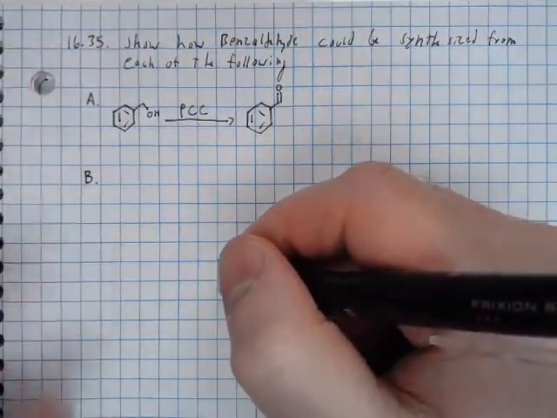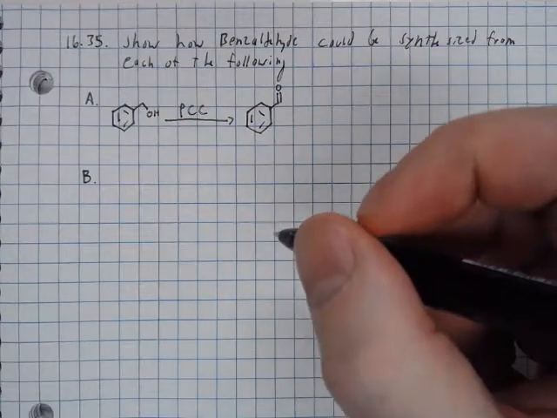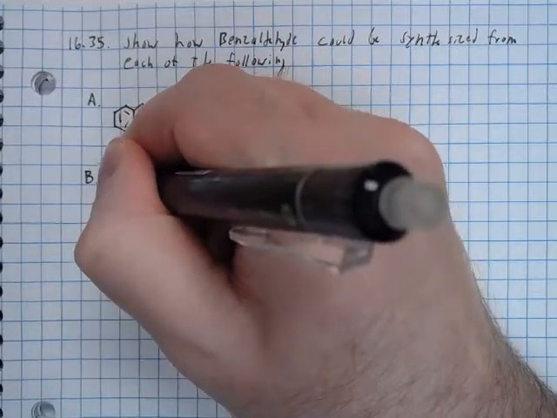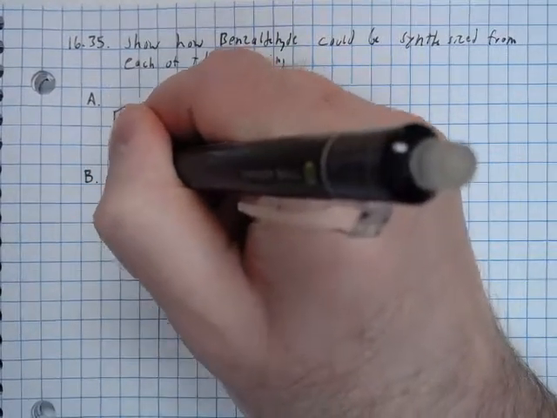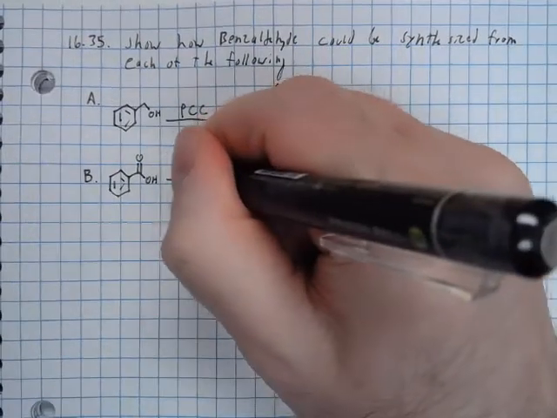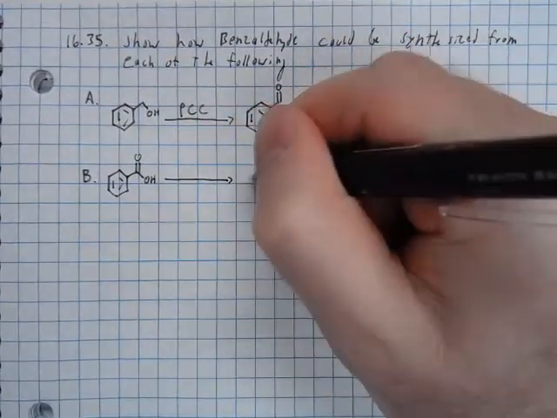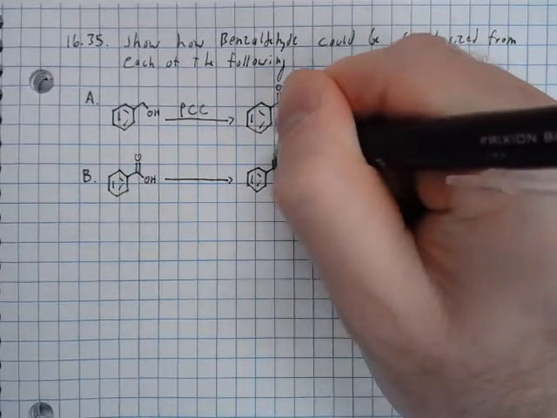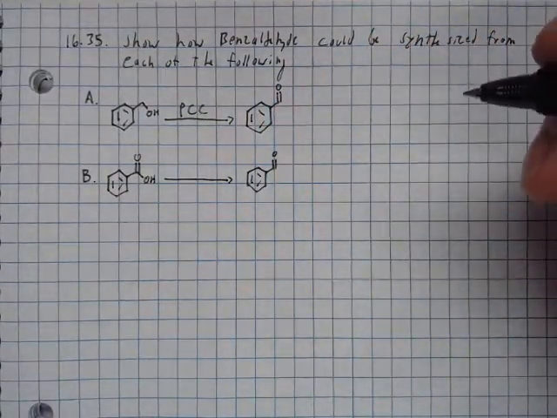Now in part B, we want to convert benzoic acid to benzaldehyde.